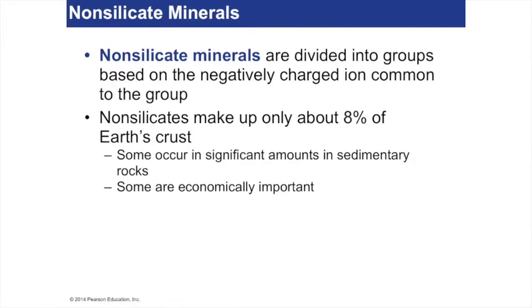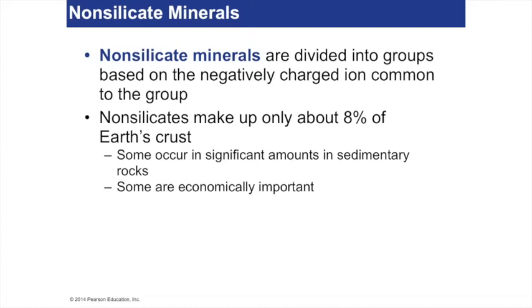So non-silicate minerals are the smaller group of minerals, but that doesn't mean that they're not important and just as easy to learn something about. It's basically, you have to remember that these are ionic bonds.